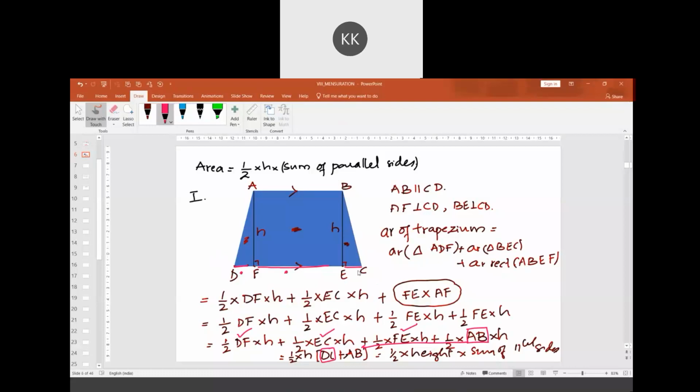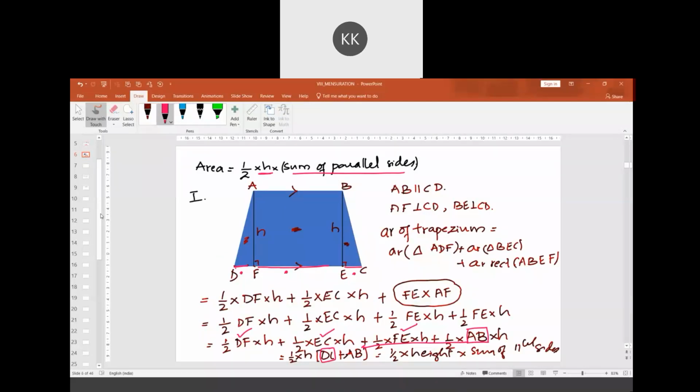When we add this, we get DC, we will not get AD, isn't it? Here the formula is half into H into sum of parallel sides. These two sides, AD and BC, they are non-parallel sides. They are not parallel to each other. In a trapezium, only one pair will be parallel. Understood?